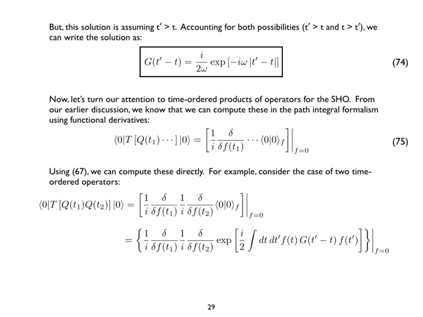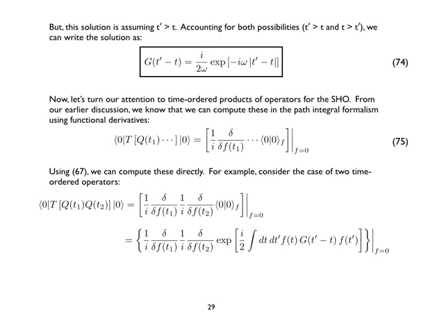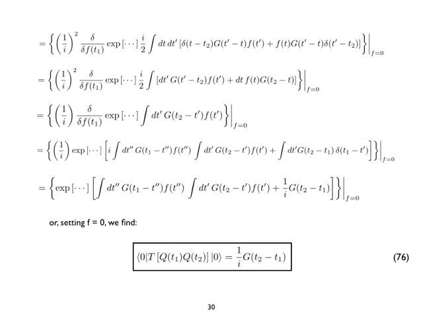So now I want to take these functional derivatives. The functional derivatives are only going to hit those f terms. They're going to pass right through the G terms. So the first thing I get is the two factors of 1 over i combined, so that gives me 1 over i squared. And now let me take the first functional derivative.